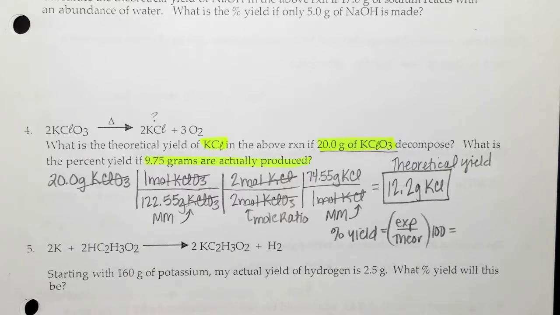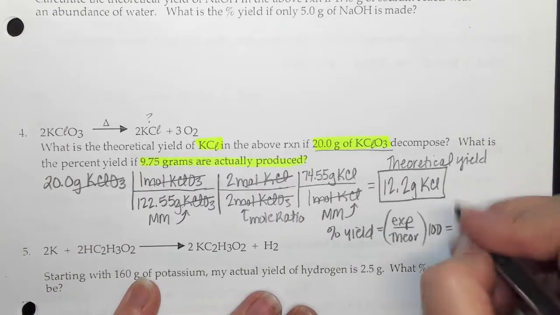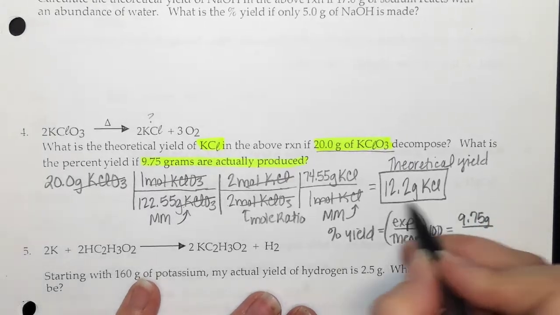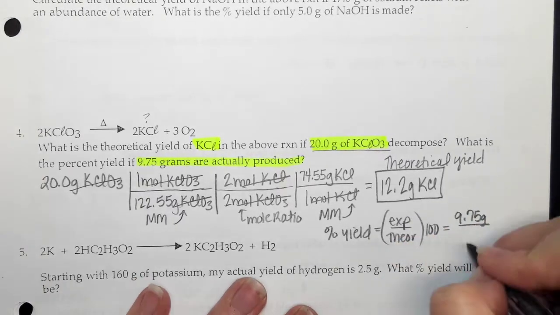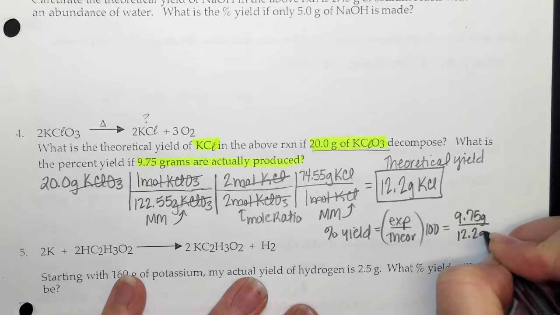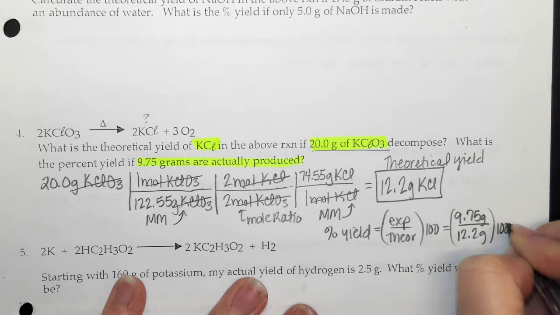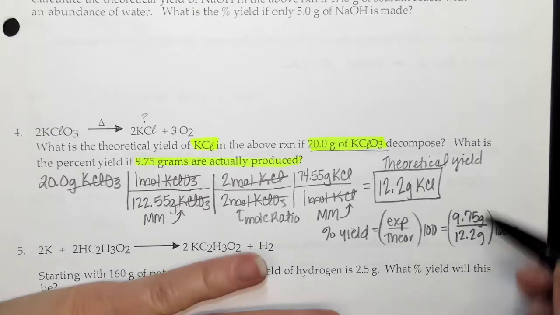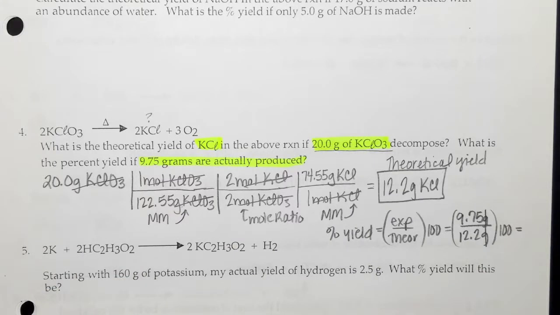My experiment, they gave me 9.75. Theoretical, I just calculated as 12.2. I multiply by 100. What happens to my grams label? It cancels off. 9.75 divided by 12.2 times 100.